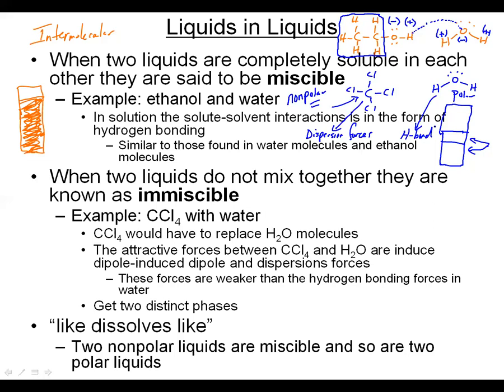Remember, this induced dipole means that basically somebody with a charge, either a polar molecule or an ion, gets next to somebody that is nonpolar and distorts their electron cloud, and creates that temporary attraction. So again, we'll call this our CCl4. We'll have our water, which is polar.